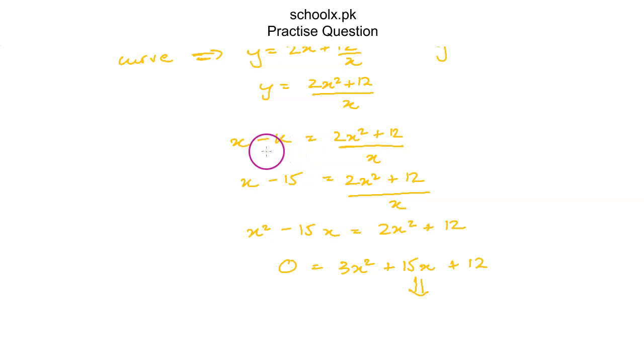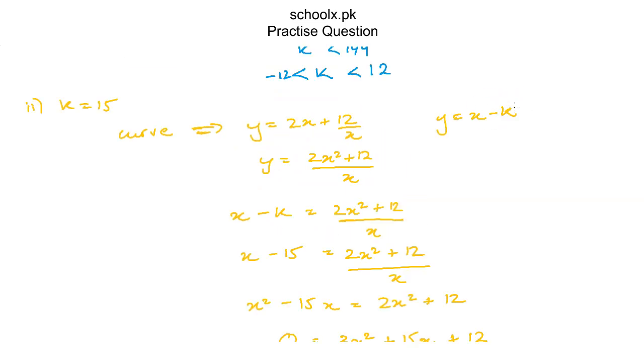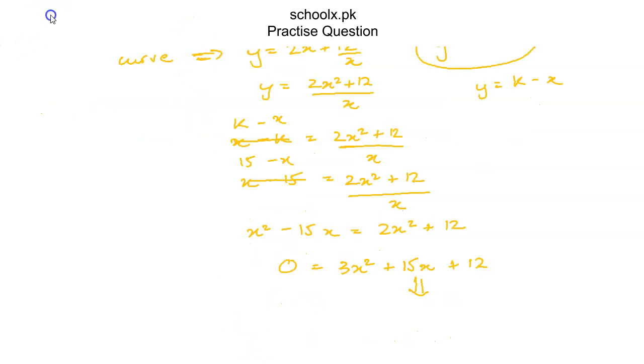I did x minus k, but y was not x minus k, y is k minus x. So this will be 15 minus x. I'm going to cut this out.